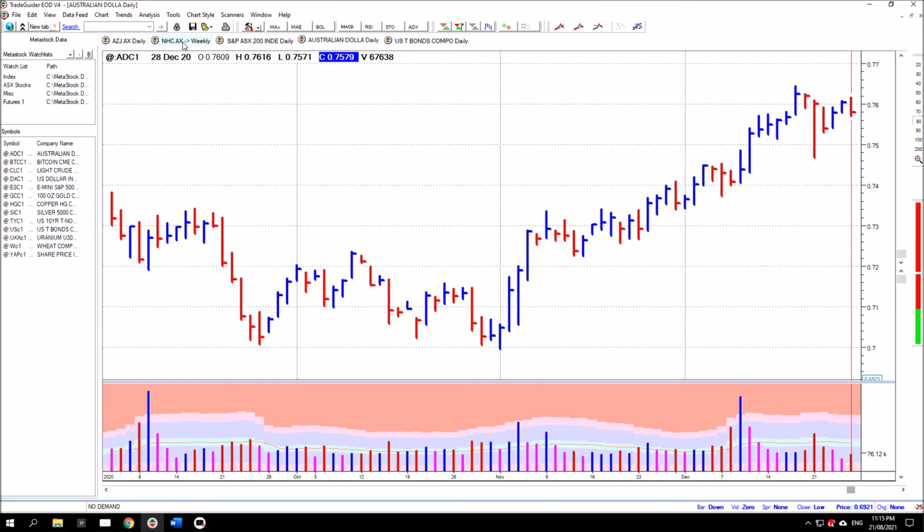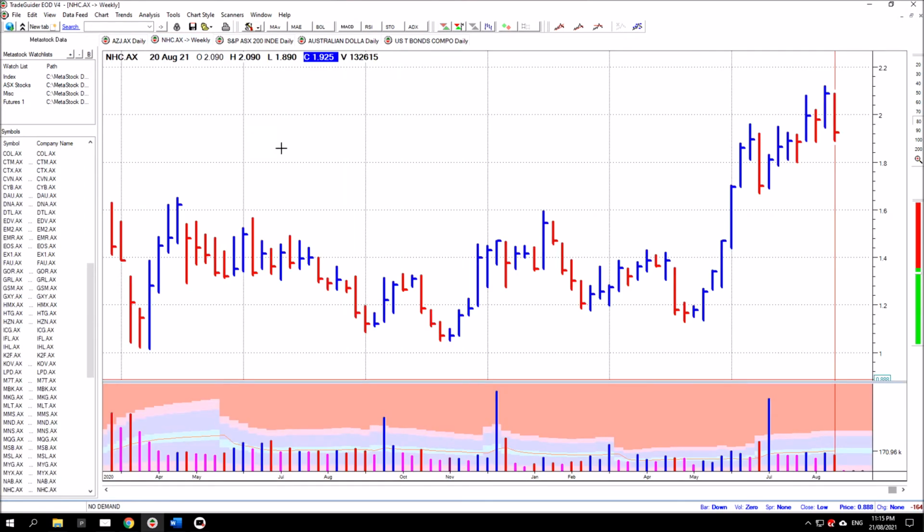Now, not all the time does the market come back and test for strength, only about 50% of the time. You can see here, this stock is clearly broken out here, whether you mark this level as the breakout line or this level as the breakout line, or even this level as the breakout line.